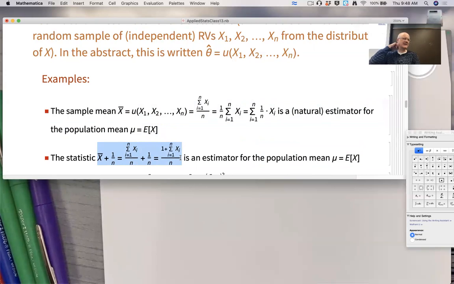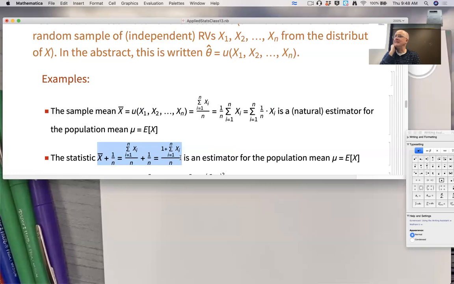Of course, it's a weird thing to do, but it's something you could do. And if n is large, 1 over n is small, and so it's not that much different than x bar. The x bar and x bar plus 1 over n will be close together when n is large. So if I wanted to, I could use that thing as an estimator for the population mean mu.